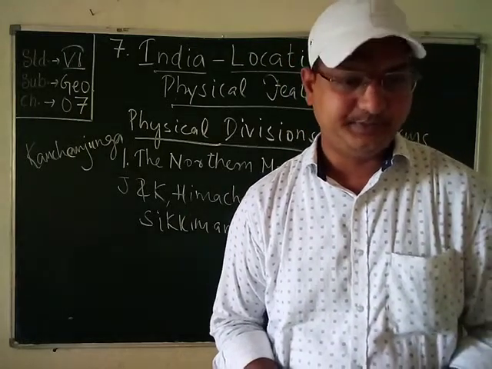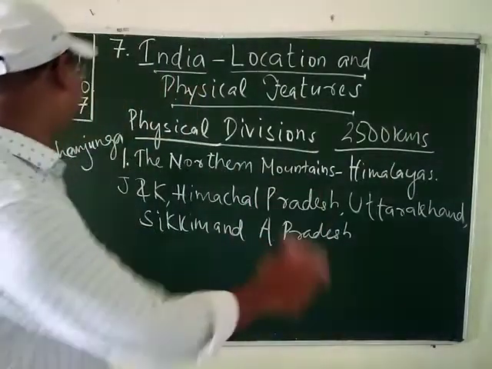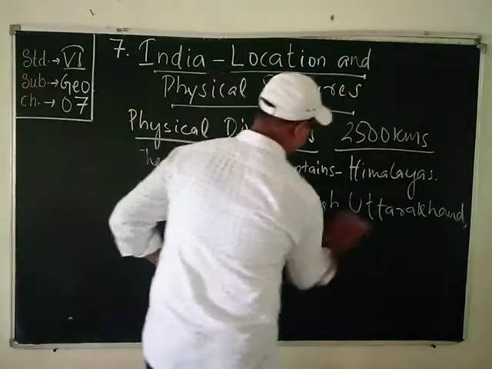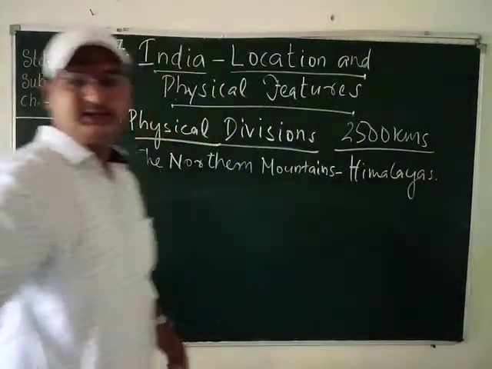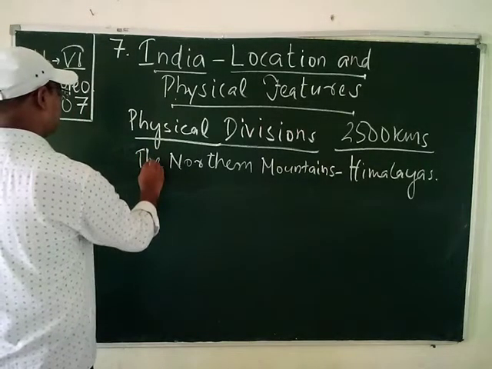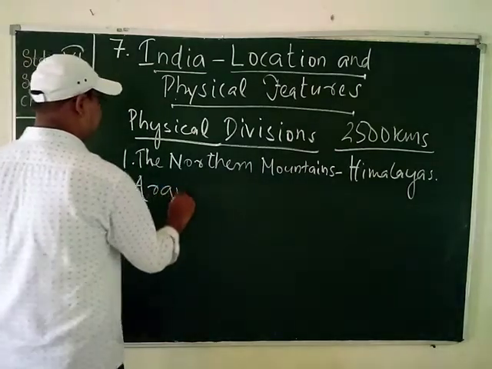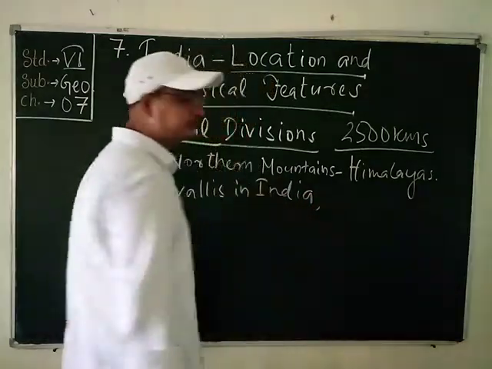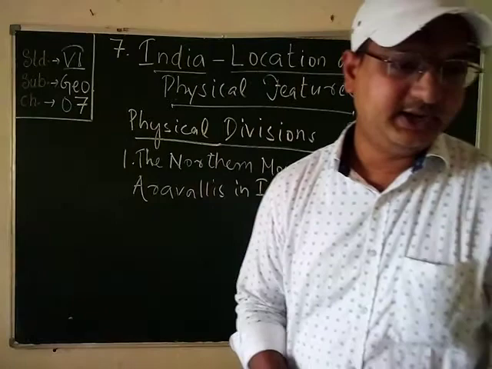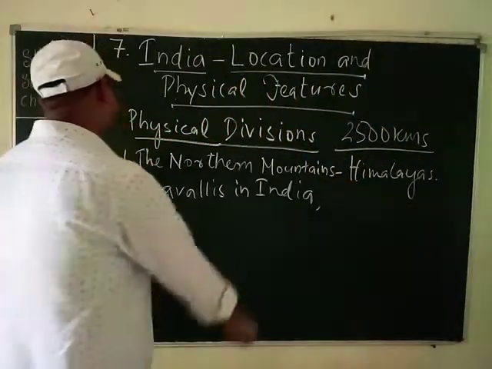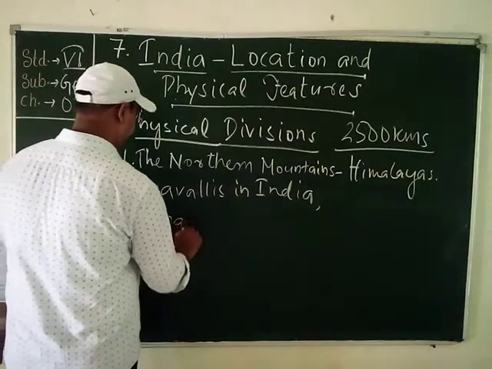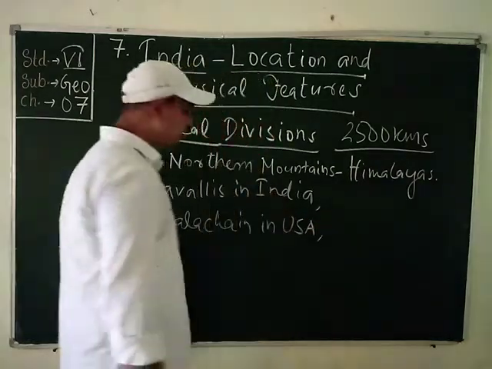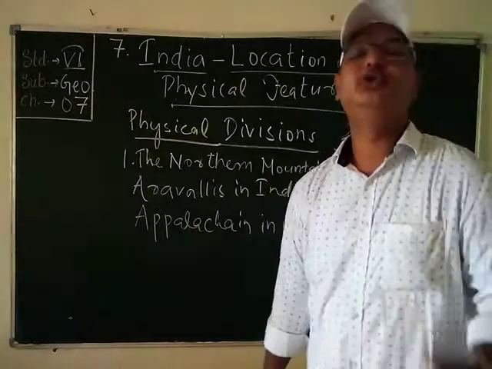The Aravalli range in India. Students, the Himalayas are considered a young mountain, then the Aravallis in India, the Appalachian in USA and the Urals in Russia.